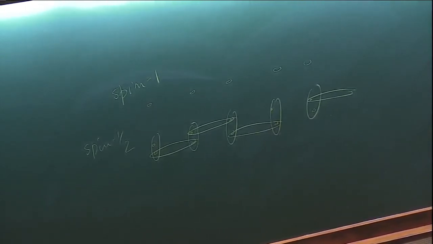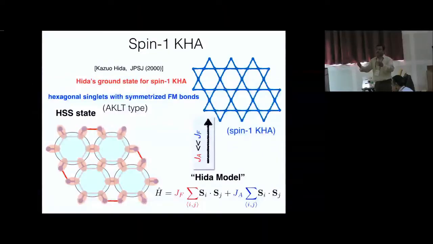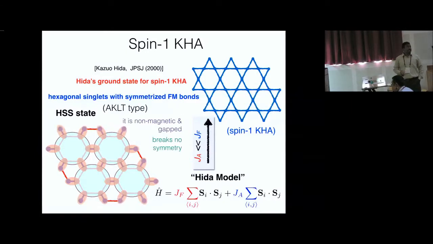AKLT called these kinds of states valence bond solids, and Hida called his the hexagonal singlet solid, because it is an analog of the valence bond solid, but for hexagons. Now, this candidate state is a non-magnetic state. It doesn't have any magnetic moment.